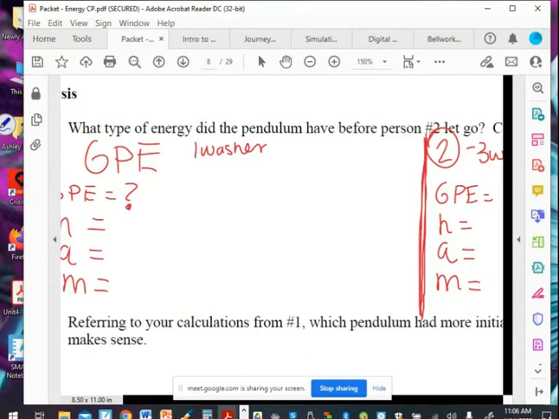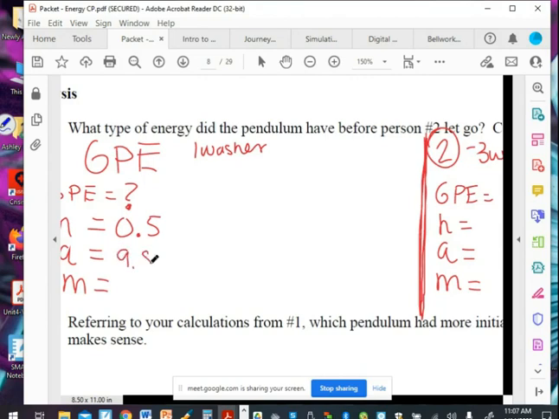But remember that we need to use meters, because that is the unit that's involved in this. So 50 centimeters is the same thing as 0.5 meters. Okay, so 0.5 is the number that we'll use for our height.